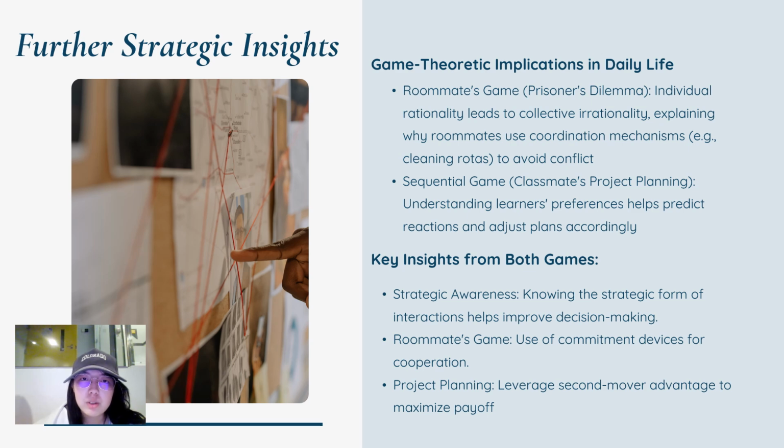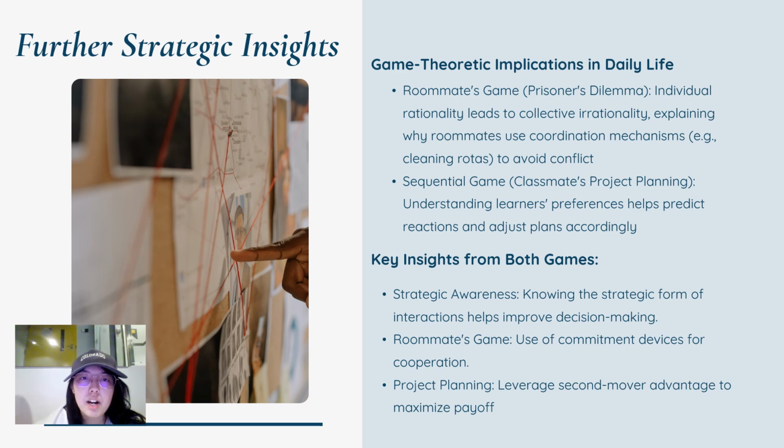Then I'm going to share how game theory applies to our daily lives through two insightful examples. The first one is the roommates' dilemma, which demonstrates the classic prisoner's dilemma. When each roommate acts in their own self-interest, it leads to worse collective outcomes, like a perpetually messy apartment.